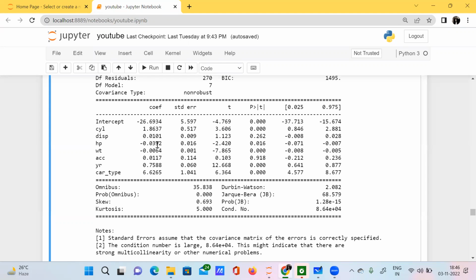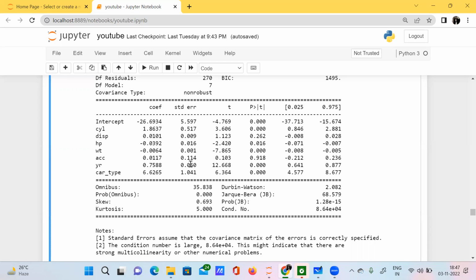That means it has a negative correlation. It is not a positive correlation, where if horsepower increases, mpg also increases. But in this case, if horsepower decreases, then mpg increases.